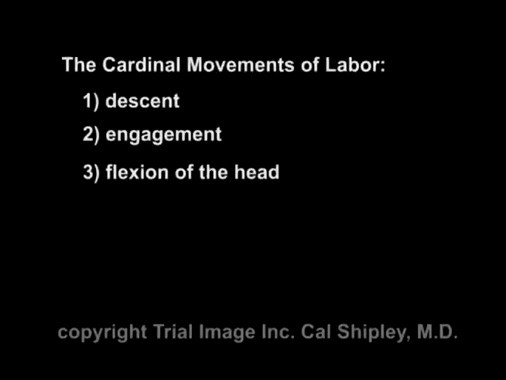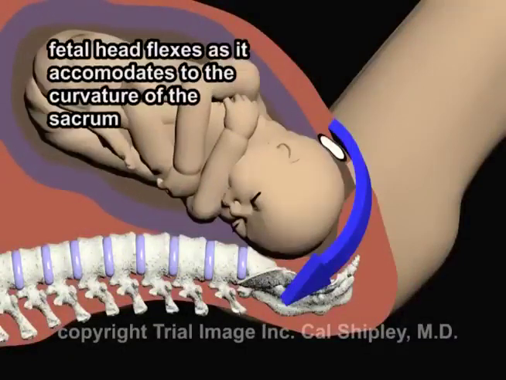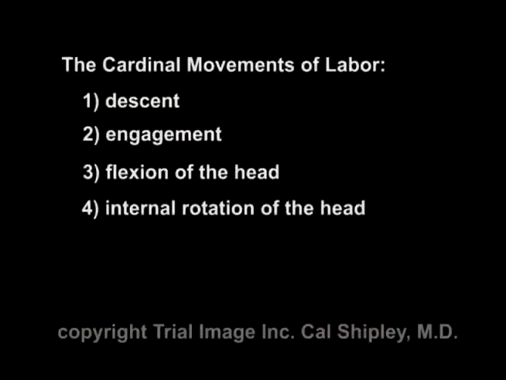The third cardinal movement is flexion of the fetal head. The fetal head flexes as it accommodates to the curvature of the sacrum. The fourth cardinal movement is internal rotation of the fetal head.